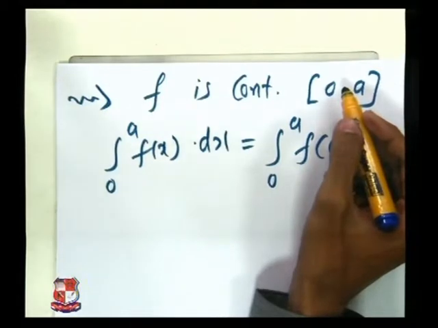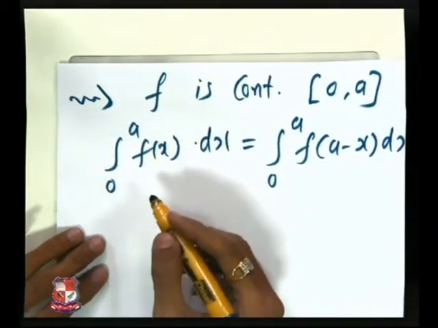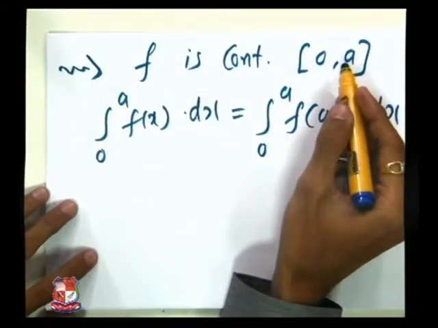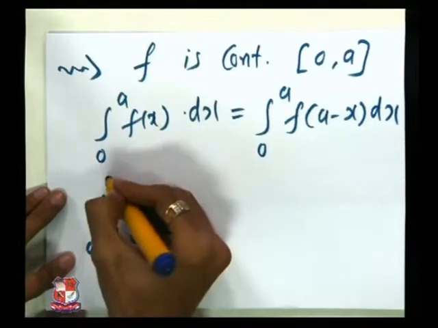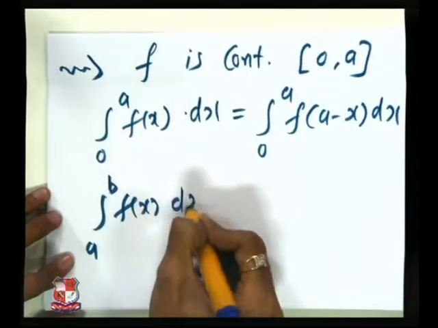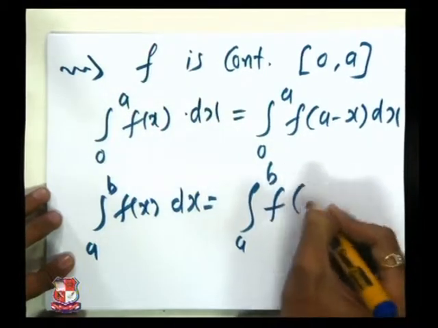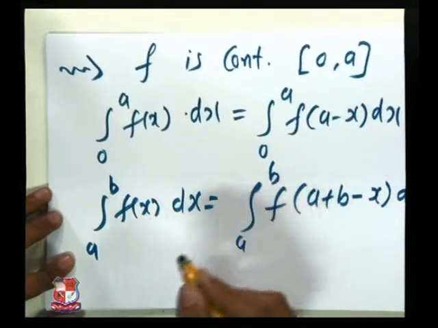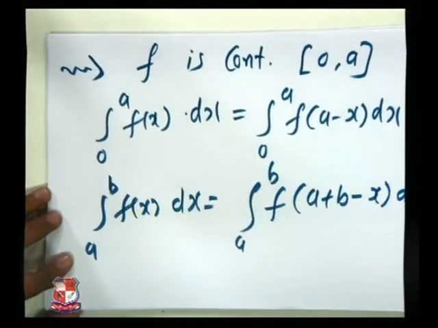So here, if the interval is from a to b, then this formula we can write as integration a to b f(x) dx is equal to integration a to b f(a plus b minus x) dx when the function is continuous in the interval a to b, right?